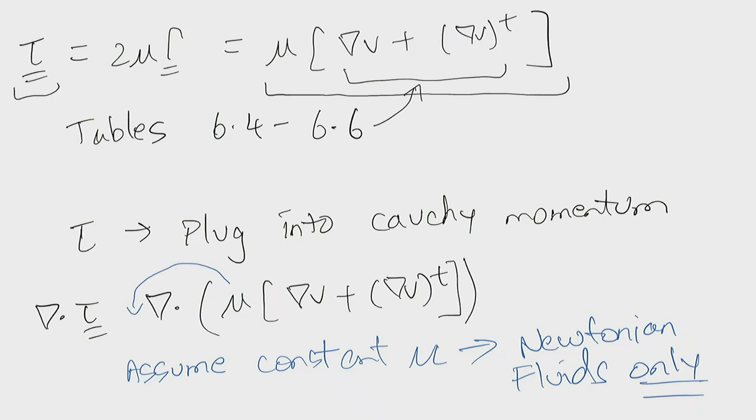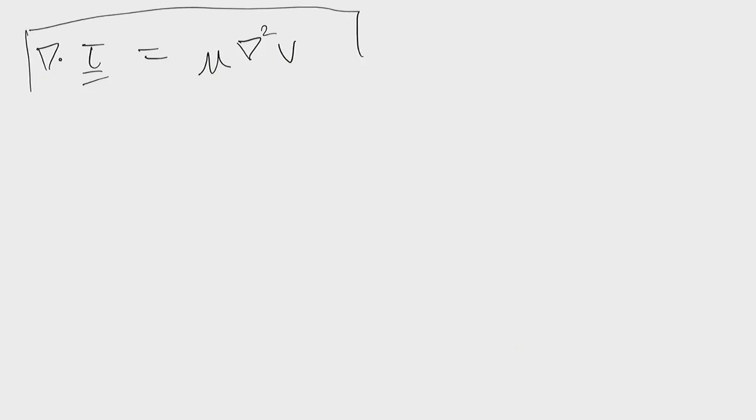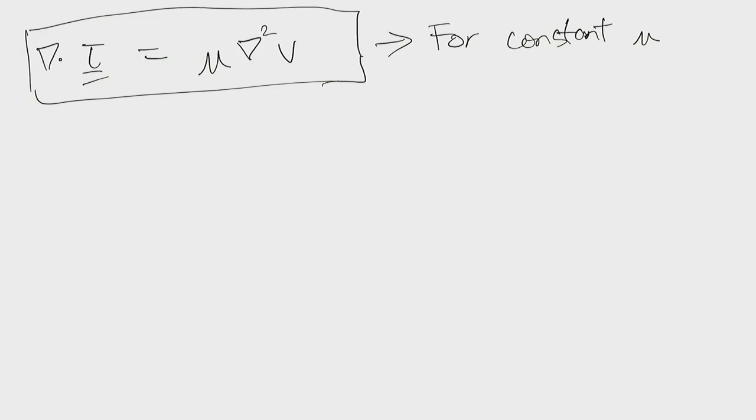And when we do that, we now have del dot tau equals mu grad square v, or del squared v, for constant viscosity.